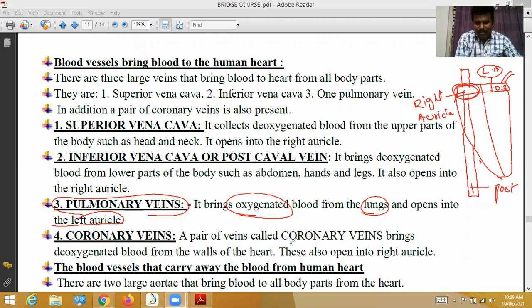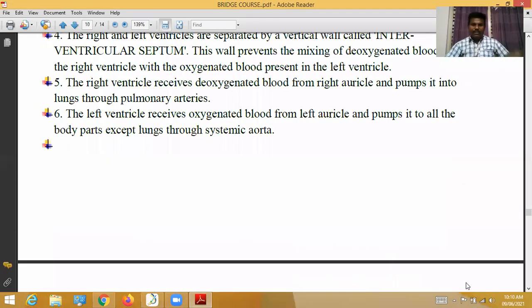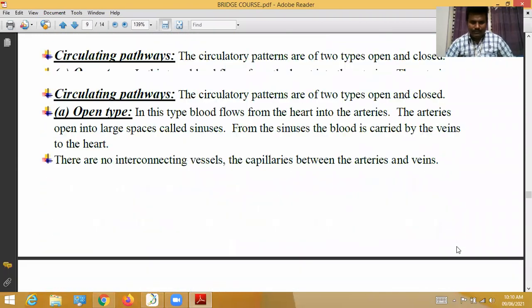Next, another one is coronary veins. A pair of veins are called coronary veins. It brings deoxygenated blood from the walls of the heart. See, I will show the walls of the heart.